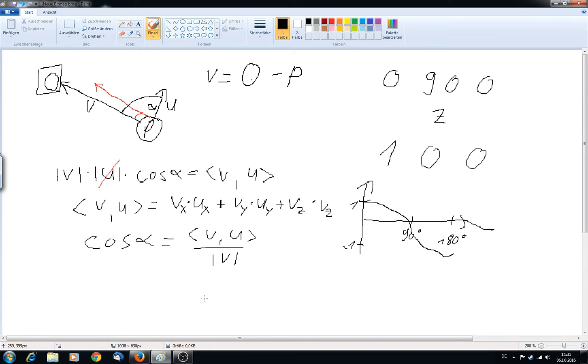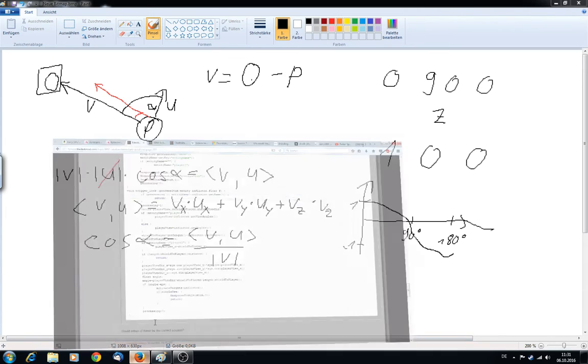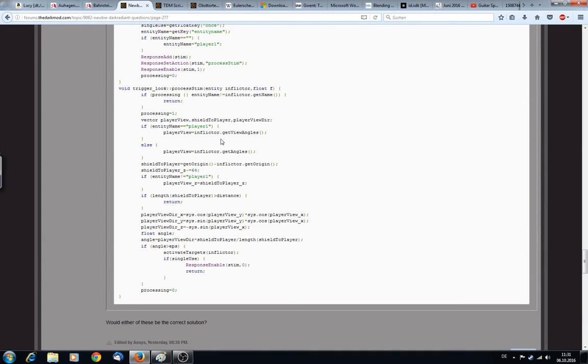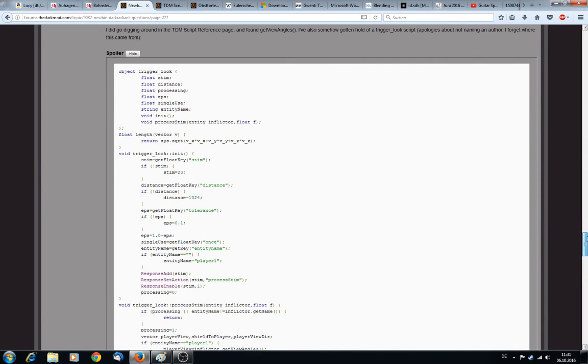In the script, this is set by a value called abs. Abs is something the mapper can set on the entity. It's a spawn arg, which is called tolerance. For the abs, we then use 1 minus abs.